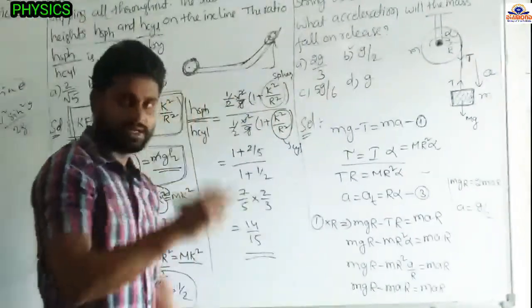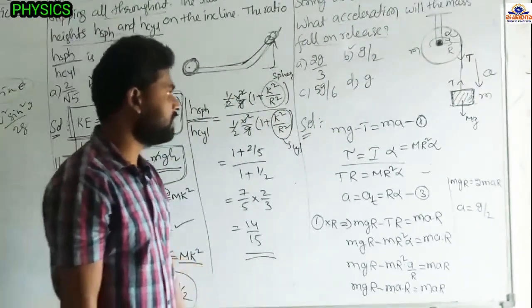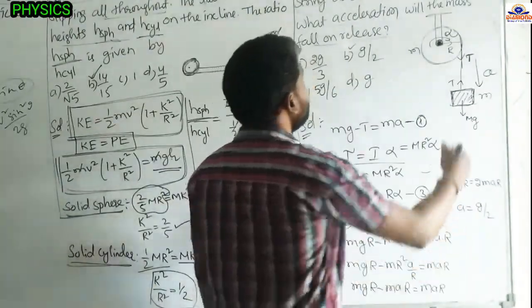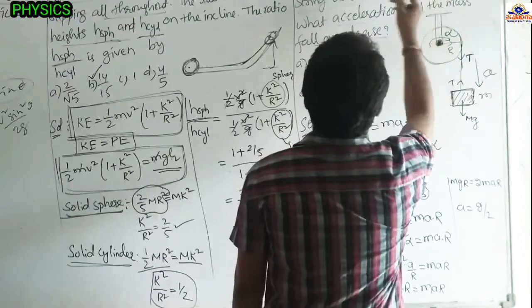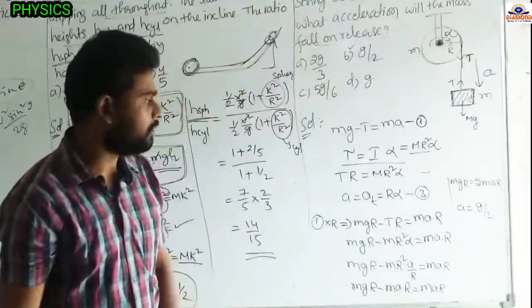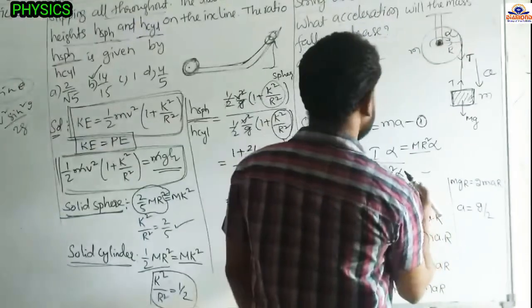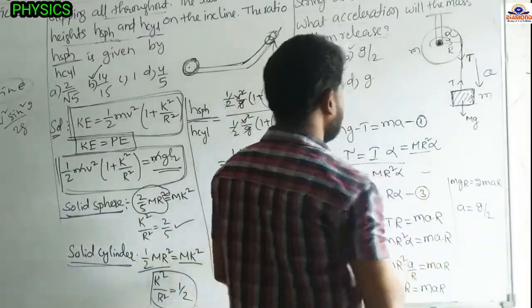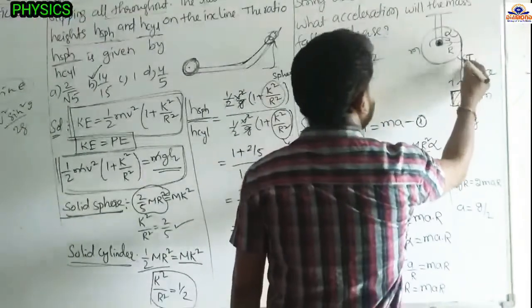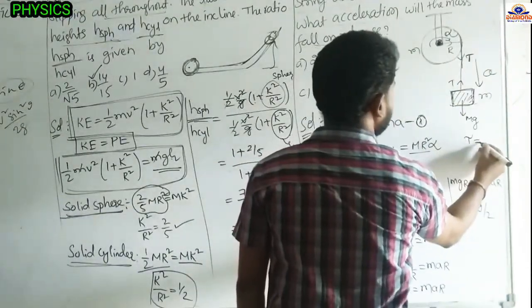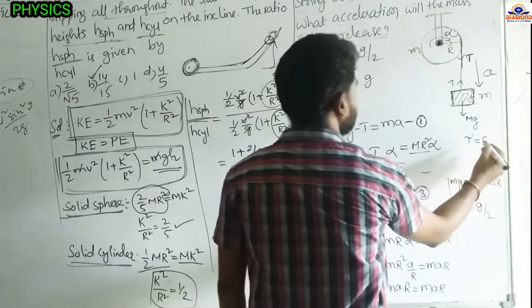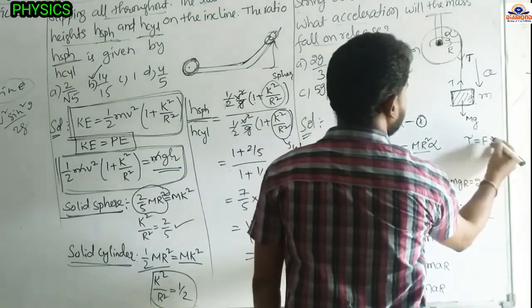For the object, F equals ma; here it is moment of inertia into angular acceleration. What is the shape of this one? Hollow cylinder. The moment of inertia of a hollow cylinder is mr square, so tau equals mr square alpha. Now this torque is developed due to which force? Tension. The torque formula is also known: torque equals force into the perpendicular distance of this force from the axis of rotation.